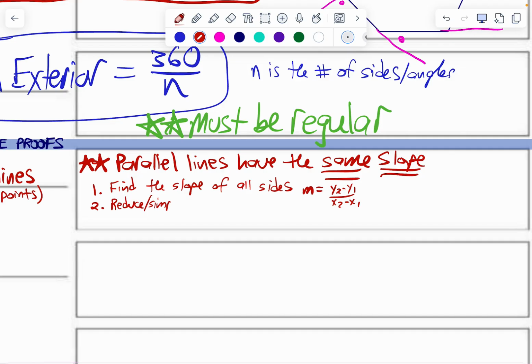Then you want to make sure you've reduced or simplified all slopes. So if one is, let's do something easy, if one is 2/4 and the other is 1/2, make sure you reduce the 2/4 so you can see that they're the same. The other option is you can make them all decimals. How do you do that?